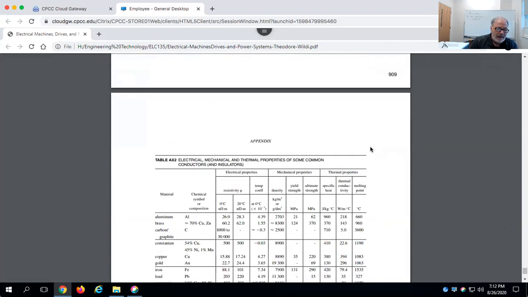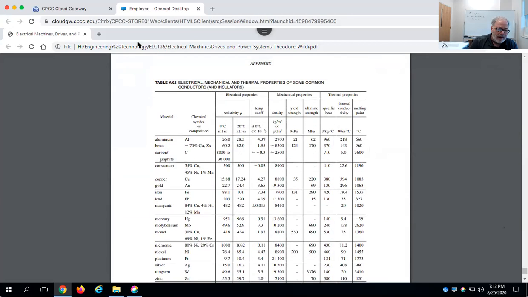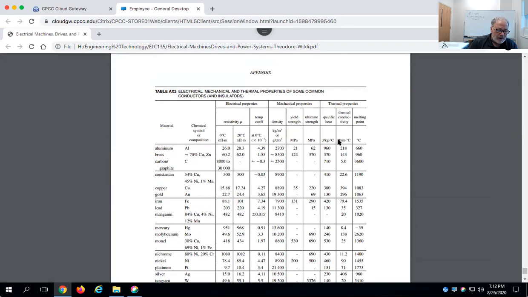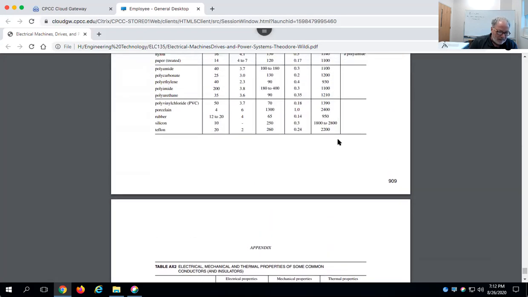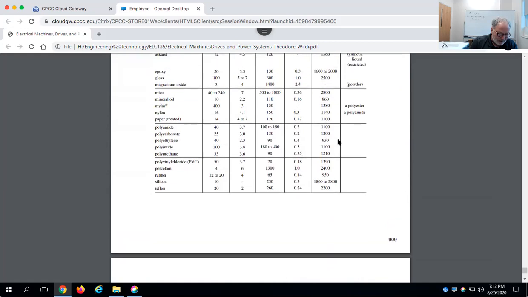And then we have already used table AX2, which is the electrical, mechanical, and thermal properties of some common conductors and insulators. So there's two separate tables that we reference. But I just want to show you this because we're going to progress over to this problem here in just a minute.